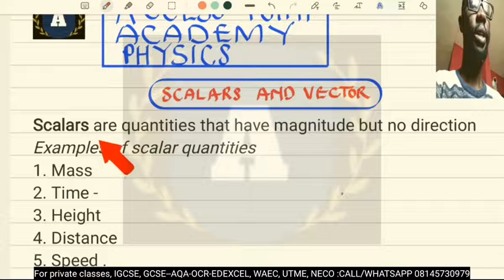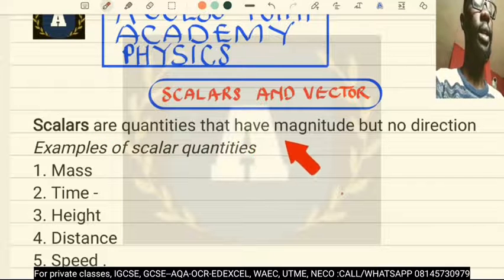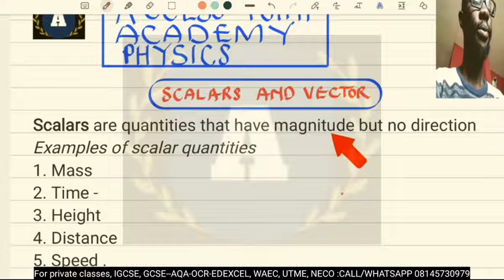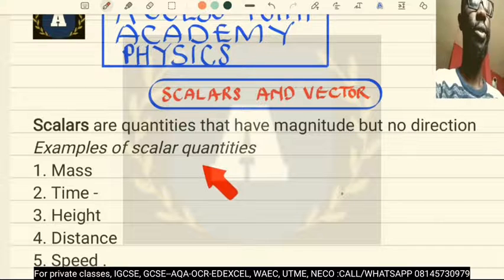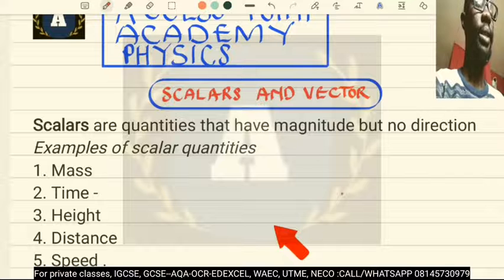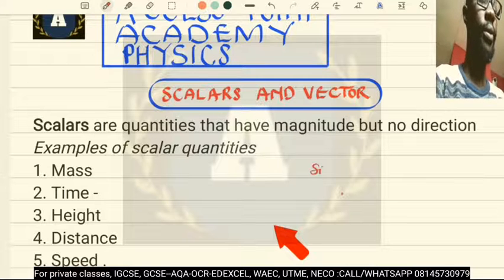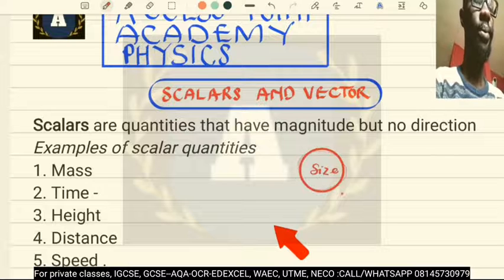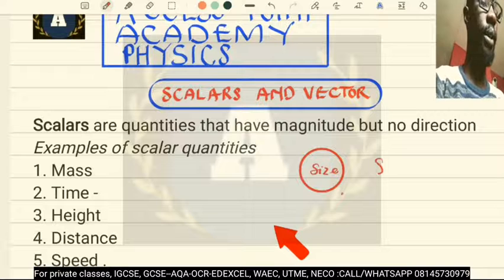Quick one. So the topic, scalars and vector. What are scalar quantities? Scalars are quantities that have magnitude but no direction, and by magnitude we mean size. 8 meter, for instance, is a magnitude.